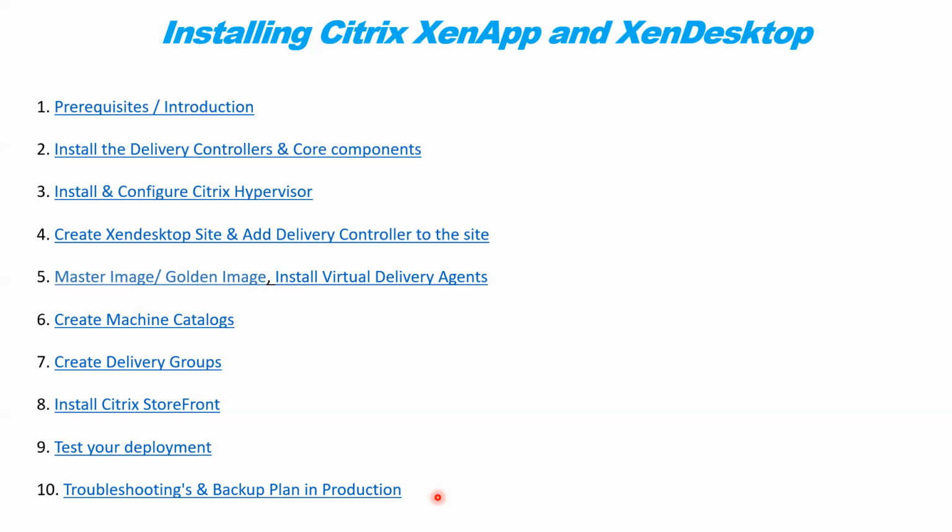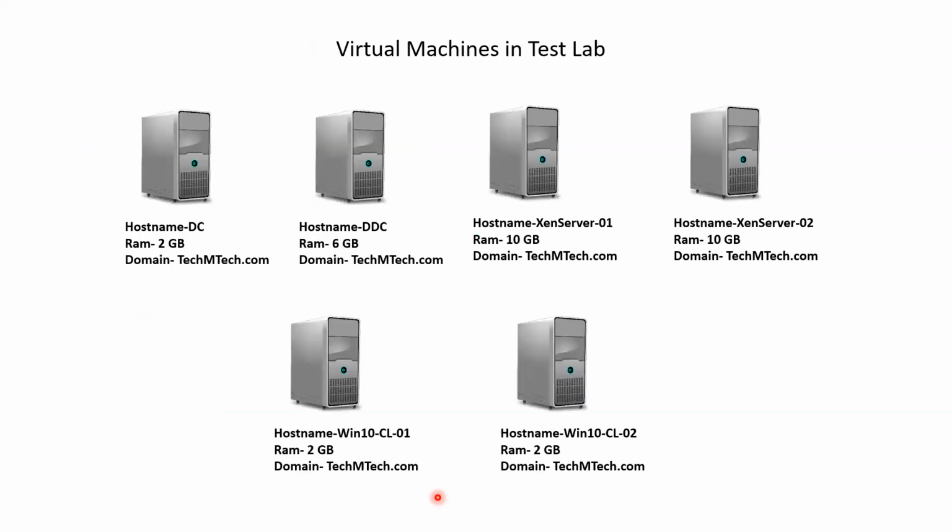No, sir. Okay, coming to the virtual machines that we must create. The first server is the domain controller. It is the Active Directory server, which is always required. The second server is the delivery controller, that is the Citrix delivery controller. On that server, we will host all the core components of Citrix like Studio, license server, Director, and delivery controller, right?